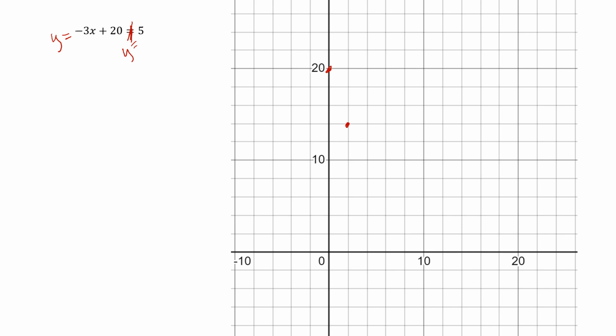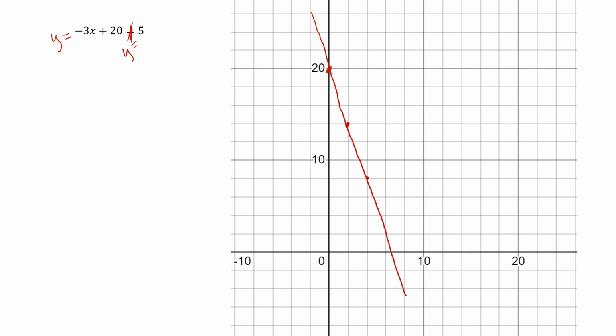That's what's nice about having the same scale on your x and your y axes. It is not essential, but if you do, then you can count boxes. And so we can go down another 3 boxes over 2, get a point, and then connect this with as straight of a line as I can manage.